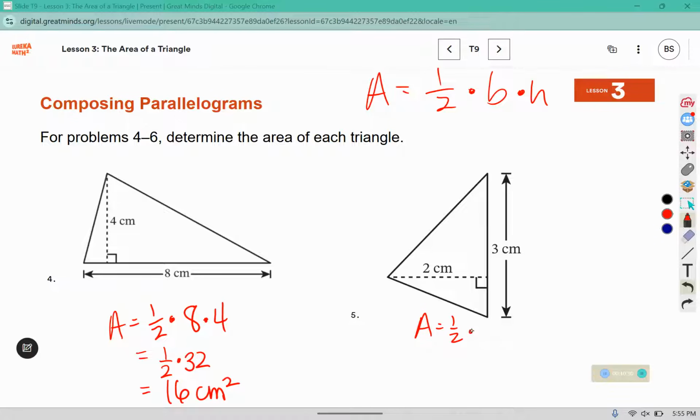For this one, we would say the base is 3, and the height is 2. 3 times 2 is 6, and half of 6 is 3. So this one has an area of 3 centimeters squared.